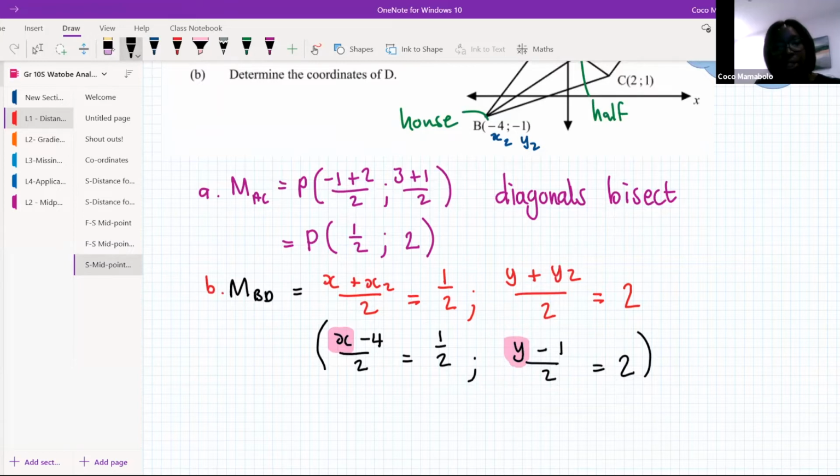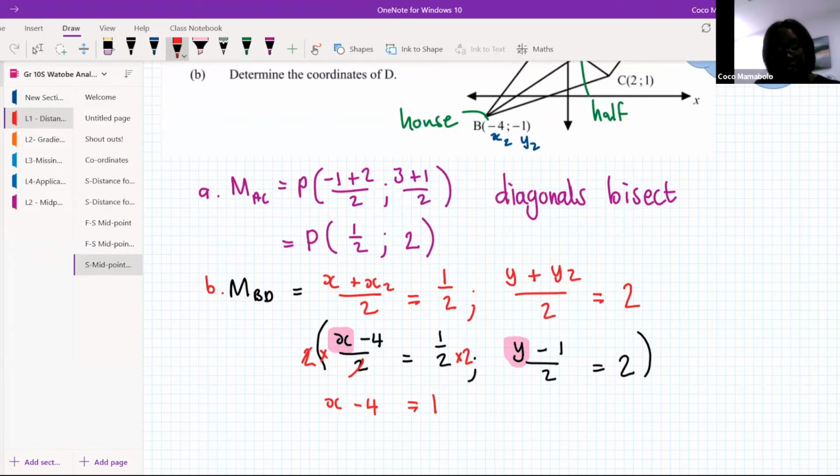Okay, can we solve for X in this case? Can you guys tell me what is the X value? Remember, in order to get X on its own, I'm going to multiply this side by 2, multiply this side by 2, and then 2 divided by 2 will give me nothing. So I'll have X minus 4 is equal to a half multiplied by 2 is 1. And then this makes it a lot easier to solve for X. Same with this side. Well done.